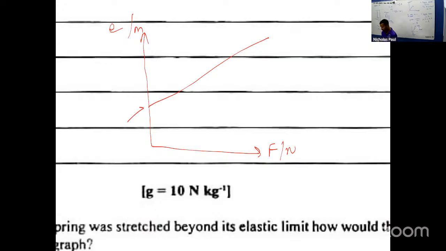See this point here? That point is when the force is 0. When the force is 0, the spring should be at its original length. So when F is 0, all you have to do is read off the E value here, and that E value will be your extension. It might differ a little bit for each person.